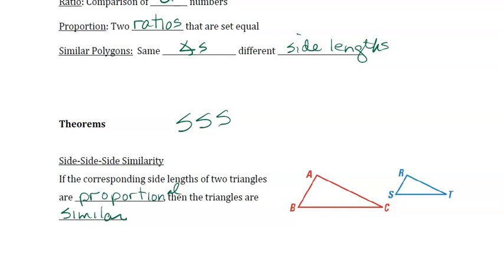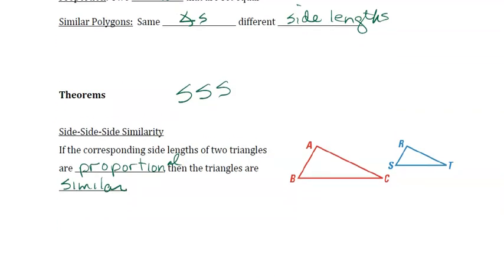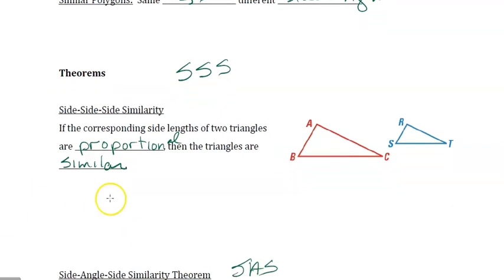Okay, we have this first theorem, which talks about side, side, side similarity. It tells us that if the corresponding side lengths of two triangles are proportional, then the triangles are similar. So for this one, look at the orientation. I'm assuming the orientation is the same for both.